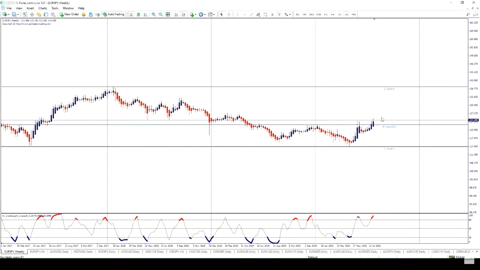Where the market makers would like to take the market is encompassed so much in the weekly candles. So I say that just to say the trends on the weekly time frame are a lot stronger than the trends on the lower time frames.